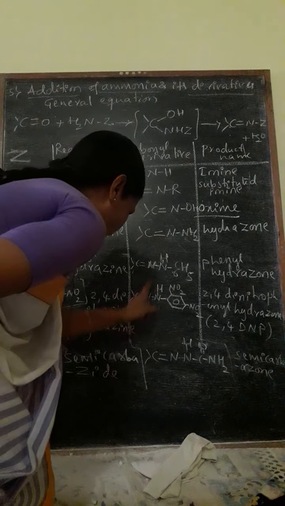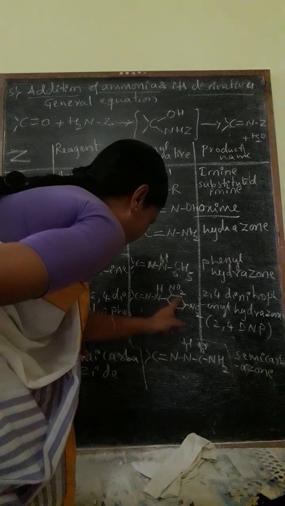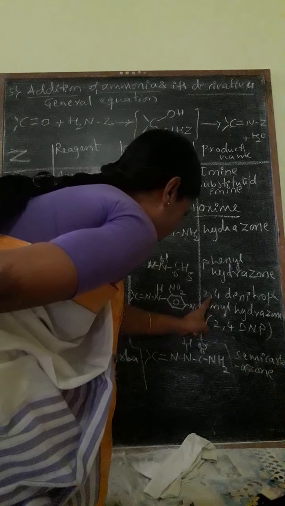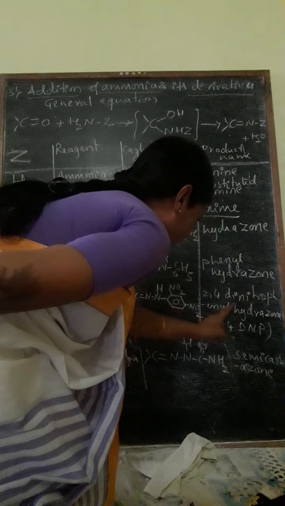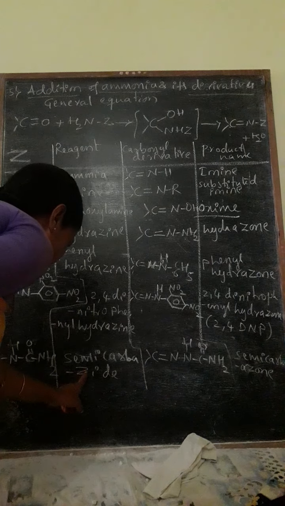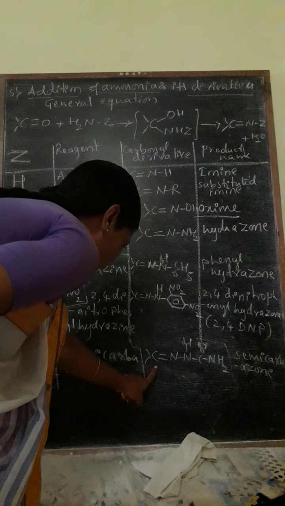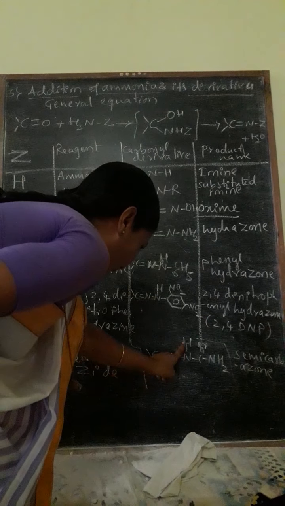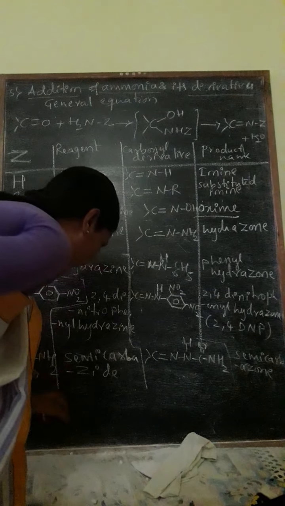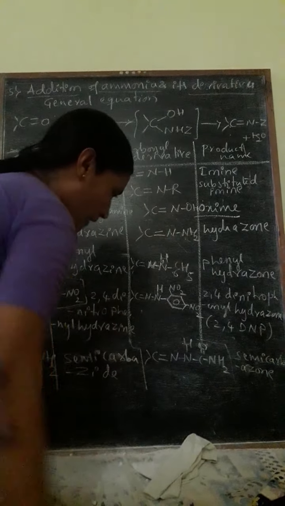Now the product is the same, only the positions 2 and 4 have nitro groups. The name is 2,4-dinitrophenylhydrazone, or shortly it is known as 2,4-DNP. And last, if you use semicarbazide, the product is C double bond N NH and C double bond O NH2. Semicarbazide is converted into semicarbazone.